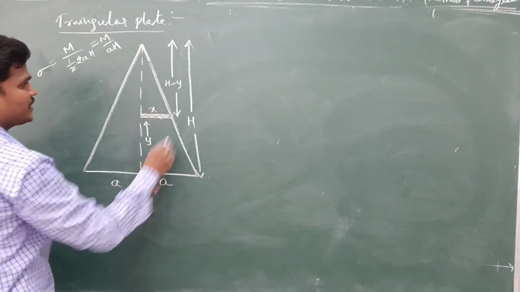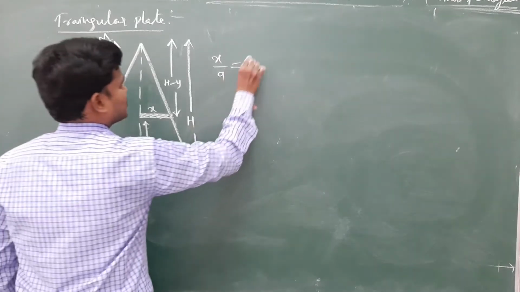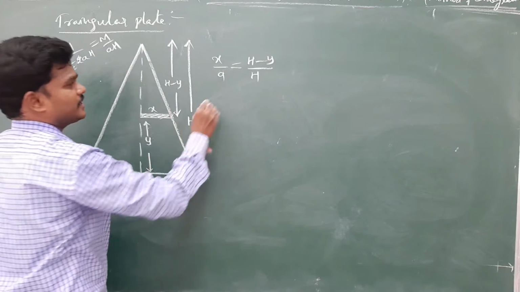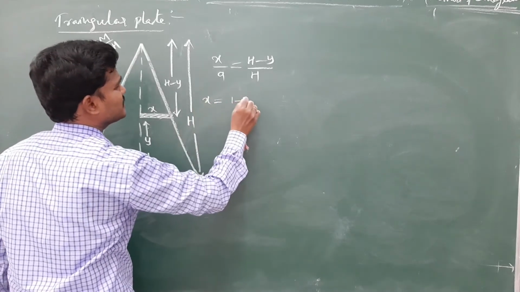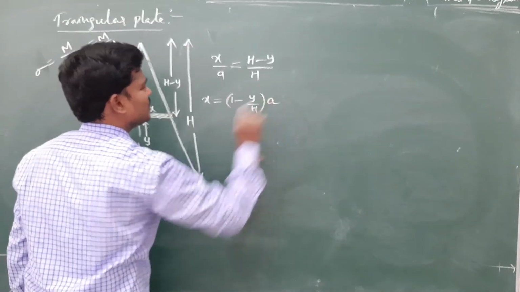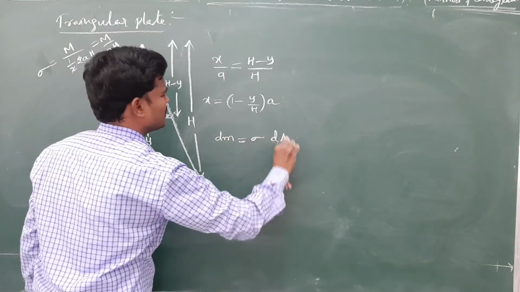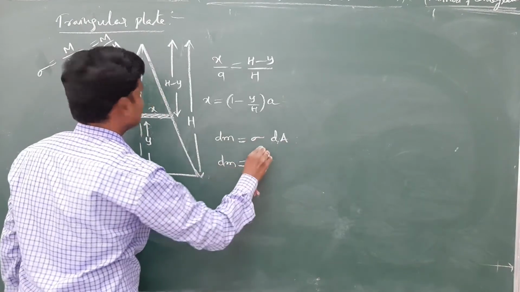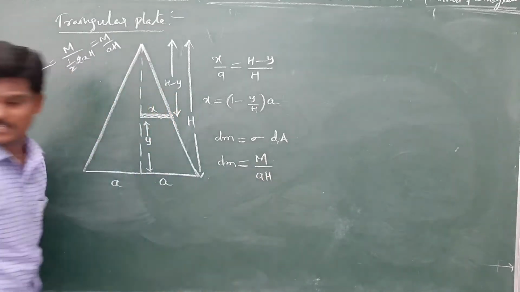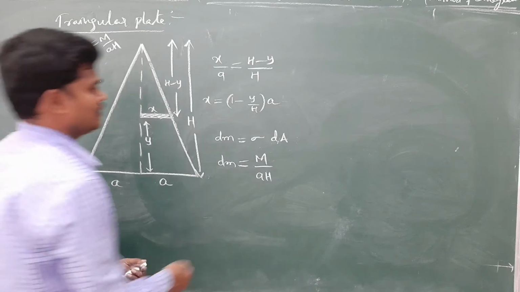Now the small part is x by a, which is equal to h minus y by h. x is equal to again the same, 1 minus y by h into a. Again dm is equal to sigma into dA. See, I am following the same method. Sigma, I got m by a h. Let me check. Yeah, dA.